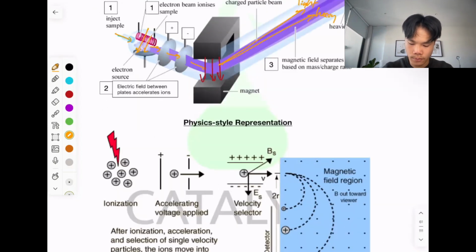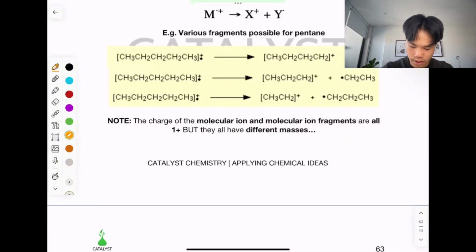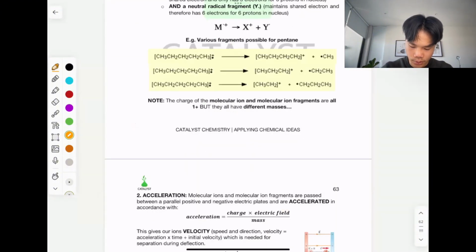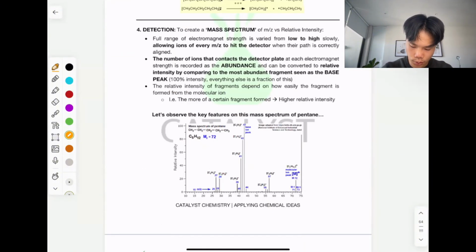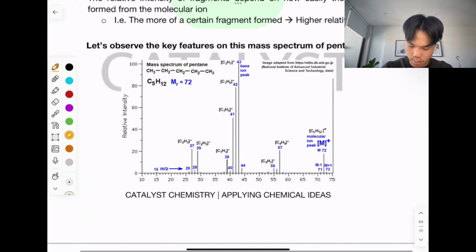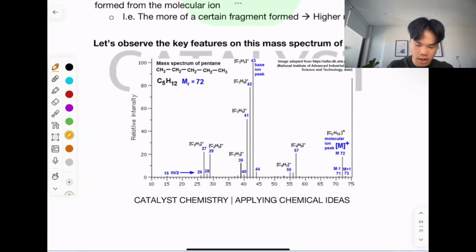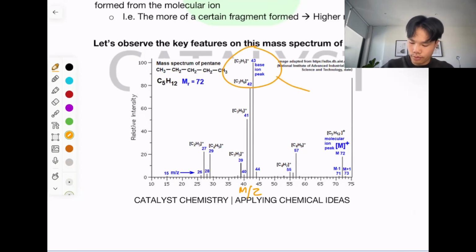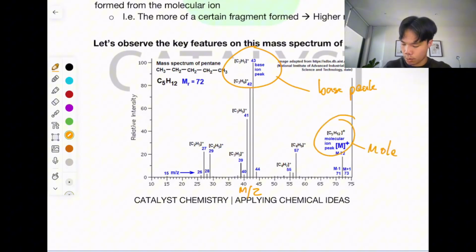And you're essentially plotting on a scale the mass to charge ratio as your x-axis and the relative intensity or the abundance as your y. Important peaks are your base peak, which is the most abundant fragment, as well as your molecular ion peak, because that tells you your molecular mass.